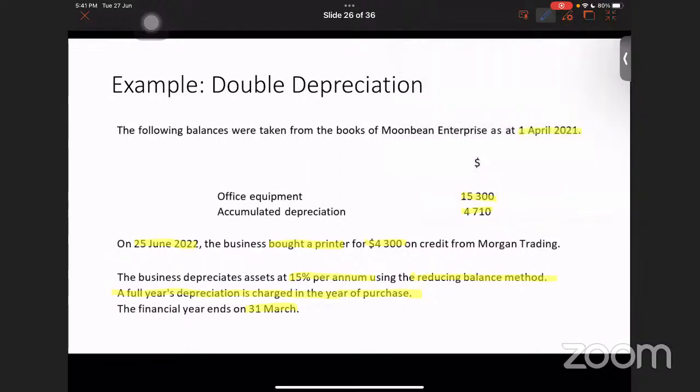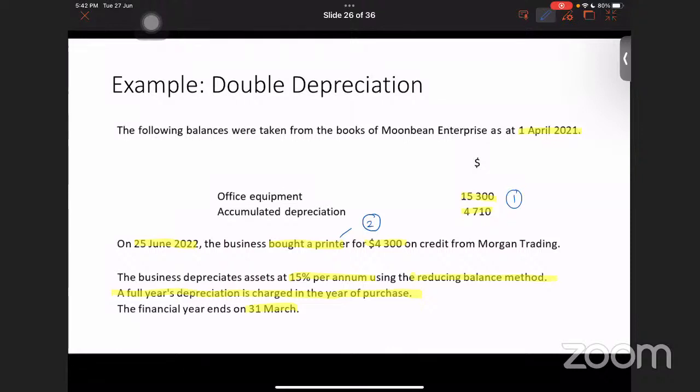Okay, so whenever you receive a question, try to highlight the keywords. So for here, in total, I have 2 equipment. Okay, this is my first one, and then this is my second equipment. So total, I have 2, which means that later on, I'm gonna show 2 tables.